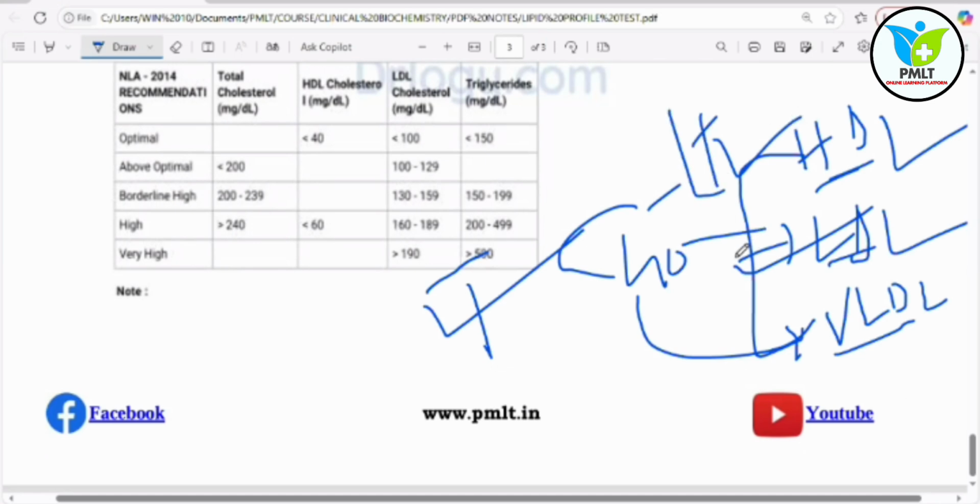Another thing you have to measure is the triglyceride. Triglyceride is also one type of lipid. It basically provides energy when your body is not giving the energy to do any action, then triglyceride will give you the energy to do the actions properly. That is the triglyceride.